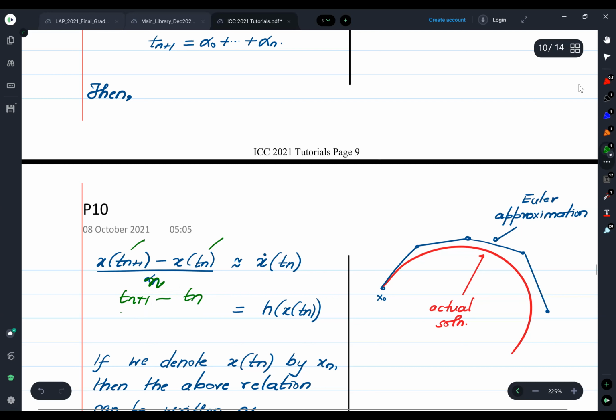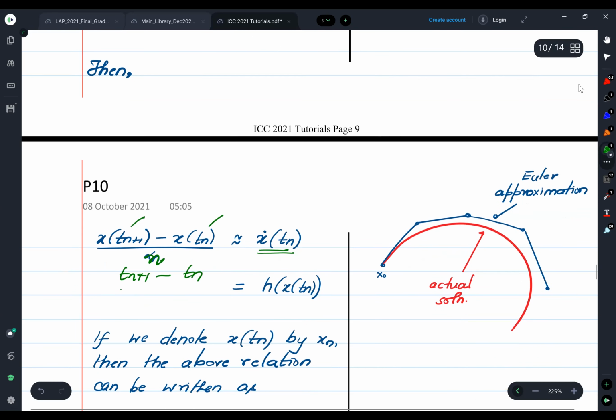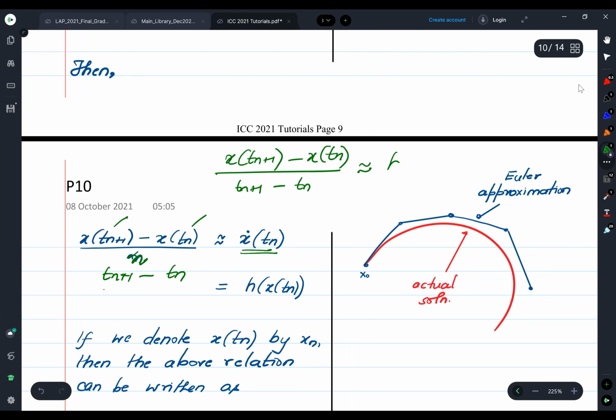And because we know that x dot of tn must equal h of x of tn, it follows that (x of tn plus 1 minus x of tn) by (tn plus 1 minus tn) should approximately equal h of x of tn.